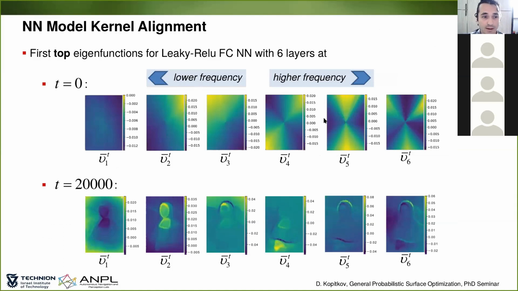There's some notion of frequency, so the information has more of a frequent nature as we continue with the index, but other than this, there's nothing special to tell about these functions. After several thousands of iterations, we can see that these eigenfunctions already very much resemble the final target function we are learning.